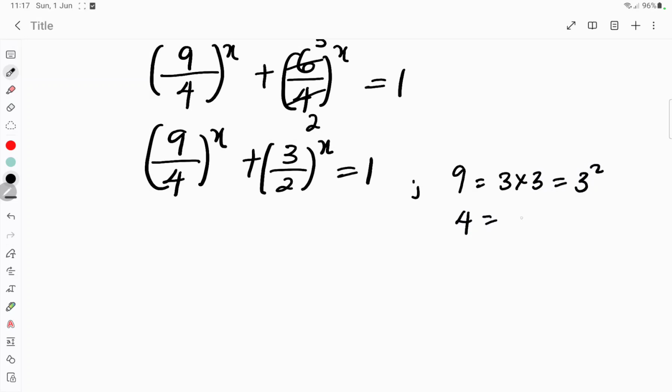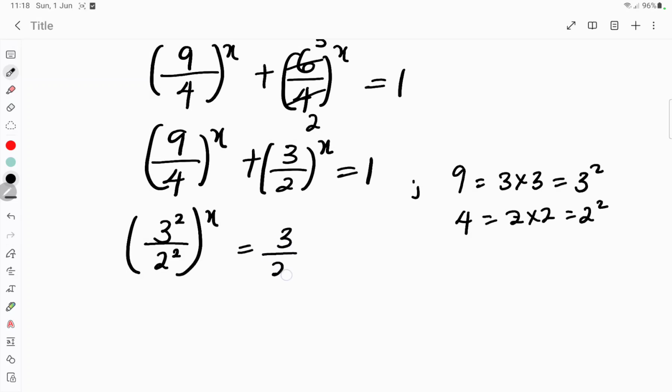And 4 is equal to 2 times 2, and that's 2 squared, right? So we are going to replace 9 with 3 squared and 4 with 2 squared. So we have (3 squared over 2 squared) raised to power x plus (3 over 2) raised to power x equals 1.